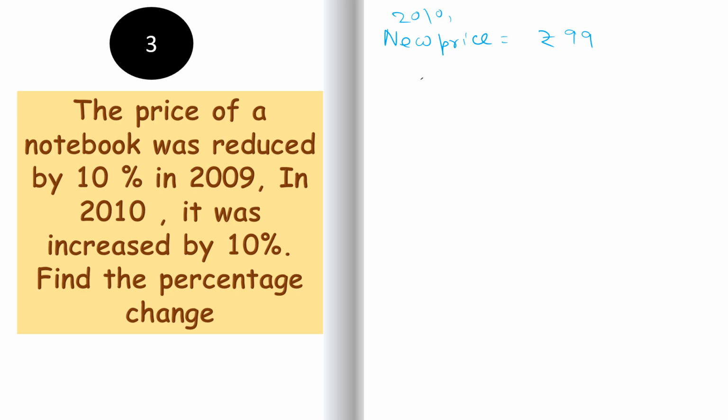Now, finally, you have to find the percentage change overall. So, at the very first stage of the problem, what was the price? Did you remember? The initial price, before any change, any reduction, any increment, what was the initial or original price? We assumed that the original price was 100.